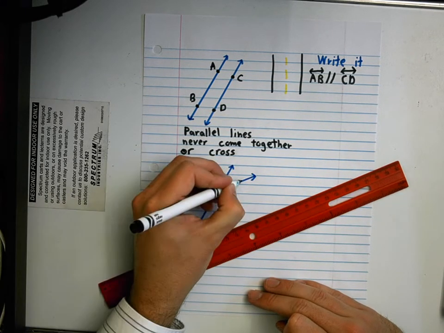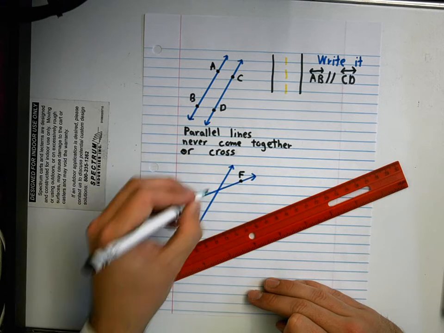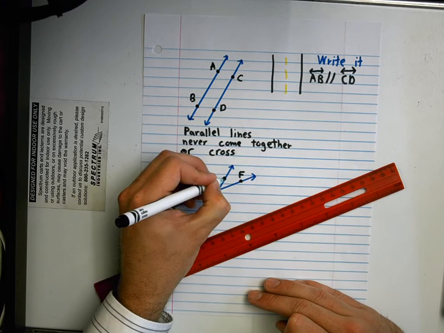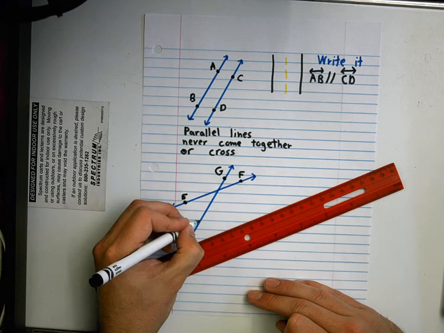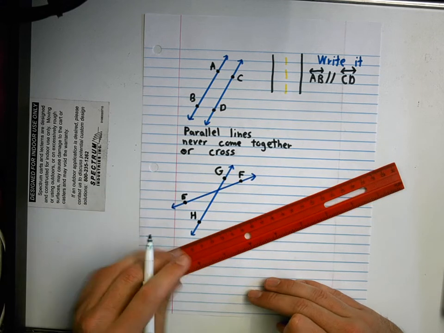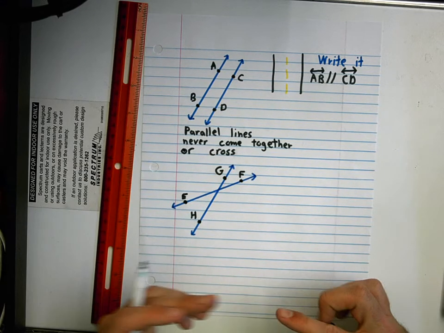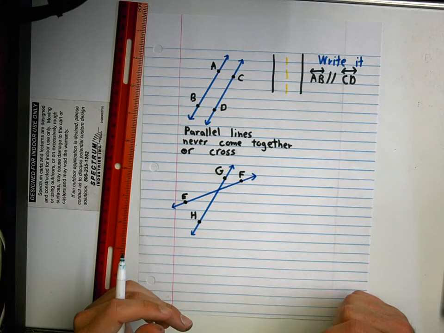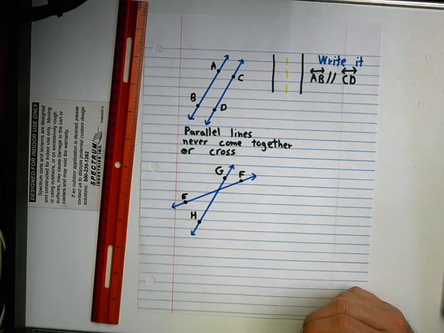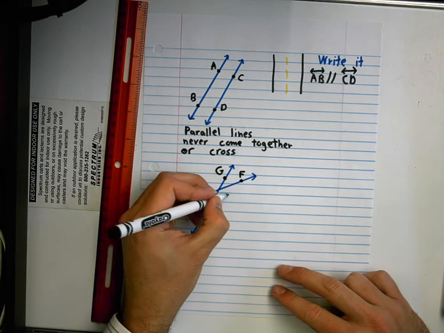E, F, G, H. And guess what they do? Guess what happens when these lines come together? What's that called? Intersecting. Yes, the lines.